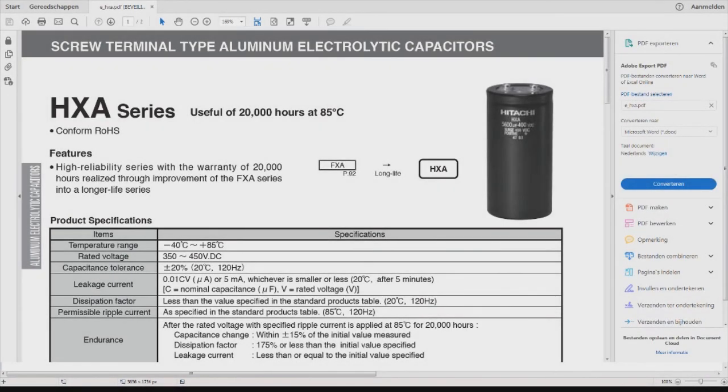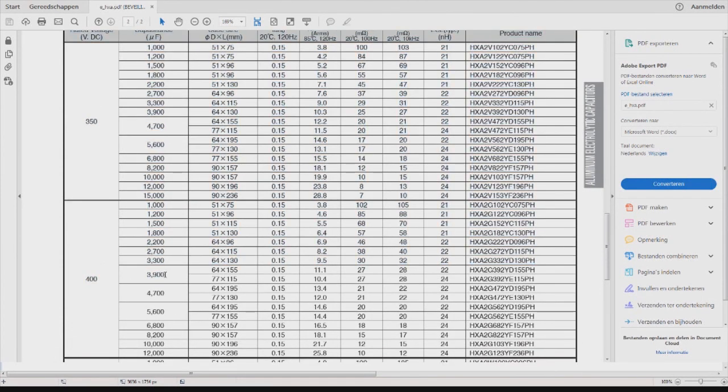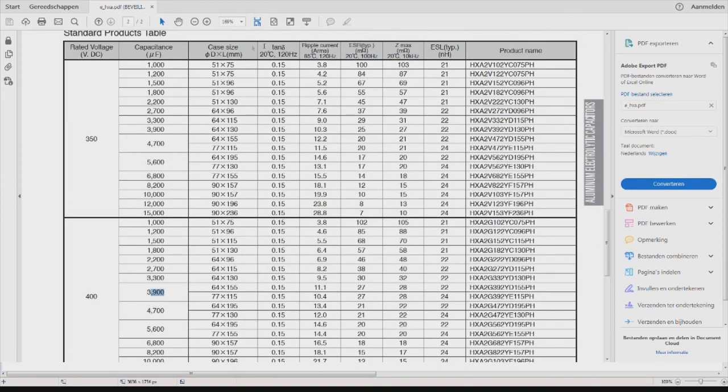So I found this PDF on the internet of my capacitor, and it's 3900 microfarads, and as you can see, it displays a couple of values, one of which is the size, the phase angle, the ripple current, the ESR, the impedance, and the equivalent series inductance, and it's about 22 nanohenries, and I have 6 of them in parallel, which should decrease 22 divided by 6 to 3.6 nanohenries.